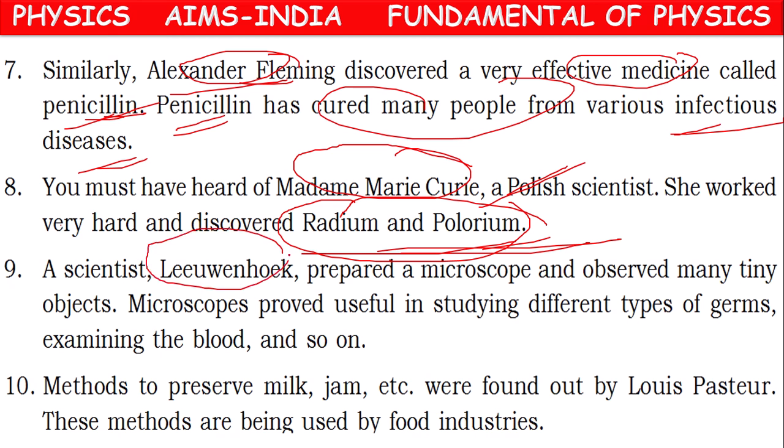Anton van Leeuwenhoek prepared a microscope and observed many tiny objects, different types of germs. Even we can examine blood, what is there inside the blood, with the help of a microscope.